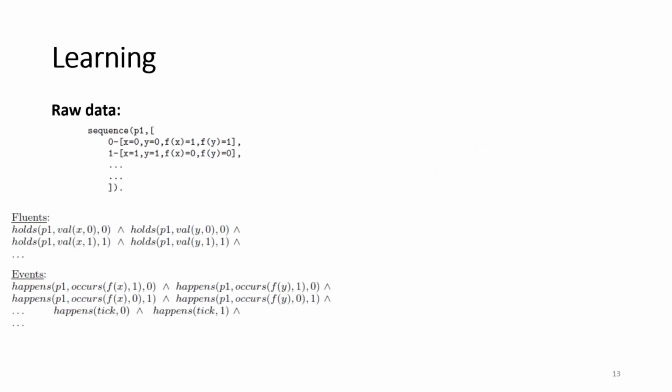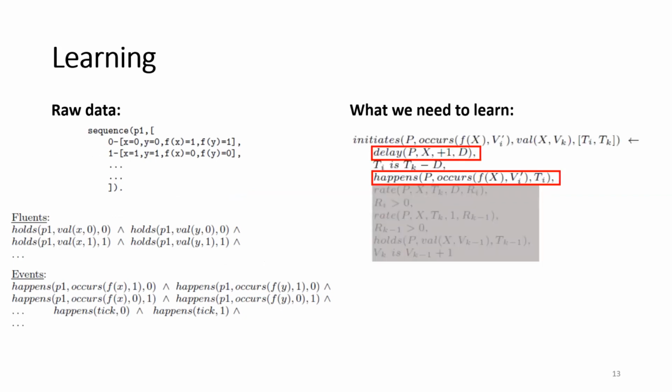In the event calculus with delays. So what is the learning story? Well, you're given data of this kind, which is what the value of x is, what the value of y is, what the fx and fy values are at each time instant, which translate to some logical facts. The logical facts will be that certain things are holding, which are those fluents, the x's and the y's, and certain things are happening, which are these events, the f of x's and the f of y's.